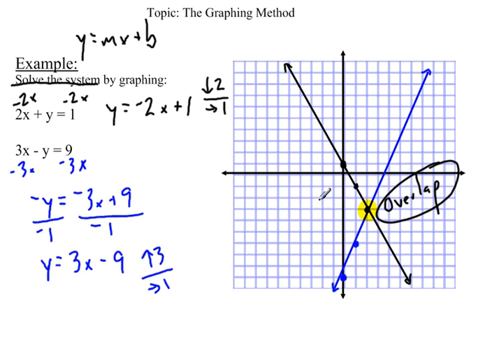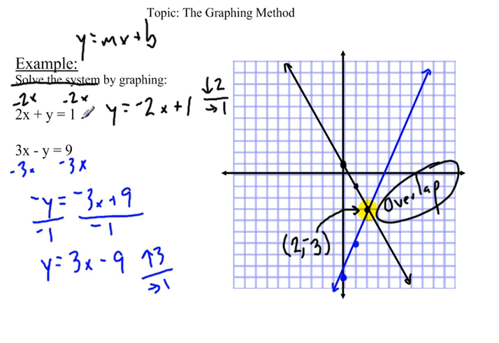And here's how it does that. This point, if I count over, that looks like 2, negative 3. That's my xy pair where these 2 lines meet. What that means is that is the one point that should make both of these equations true.